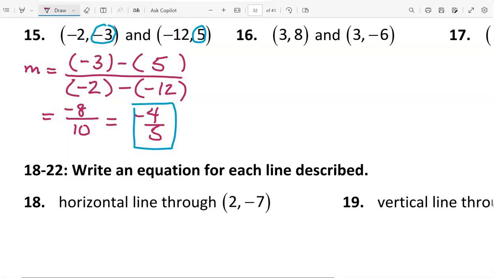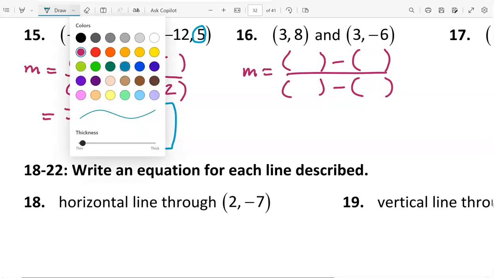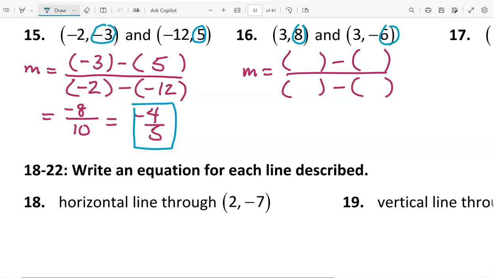For number 16, in order to find the slope, I'll use that template, subtract the y's on the top of the fraction and subtract the x's on the bottom. So I'm going to first start by identifying those y's for the top. And so we'll subtract on the top 8 minus negative 6.